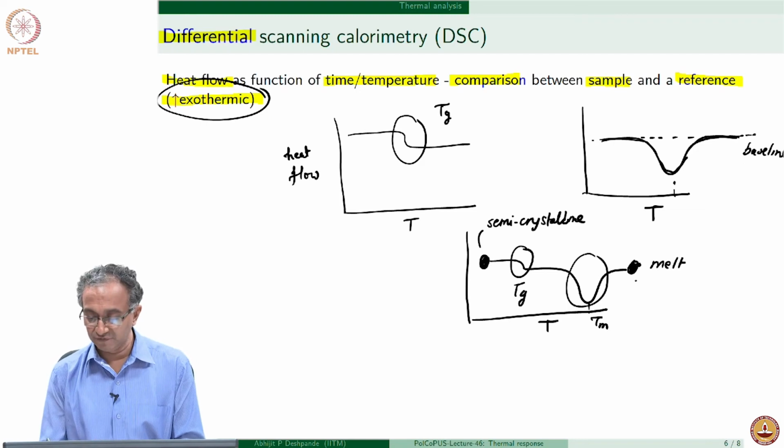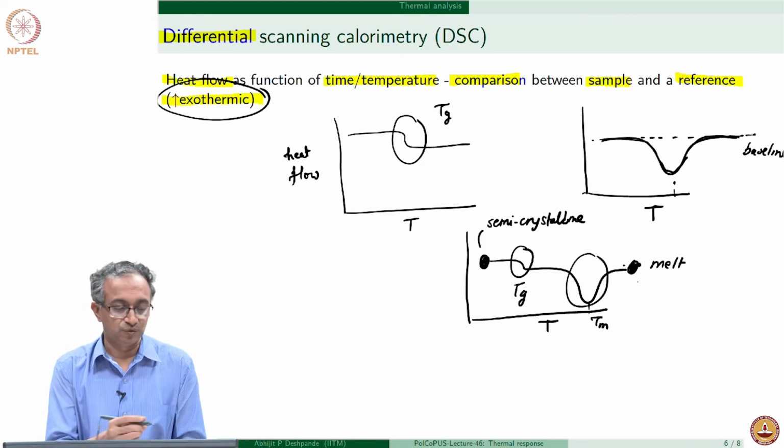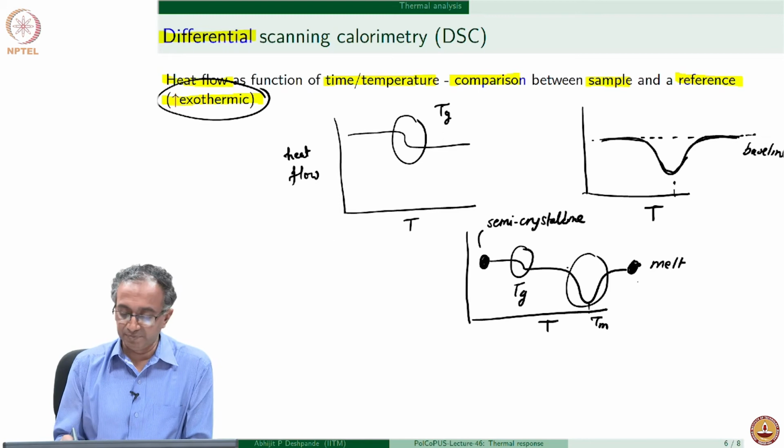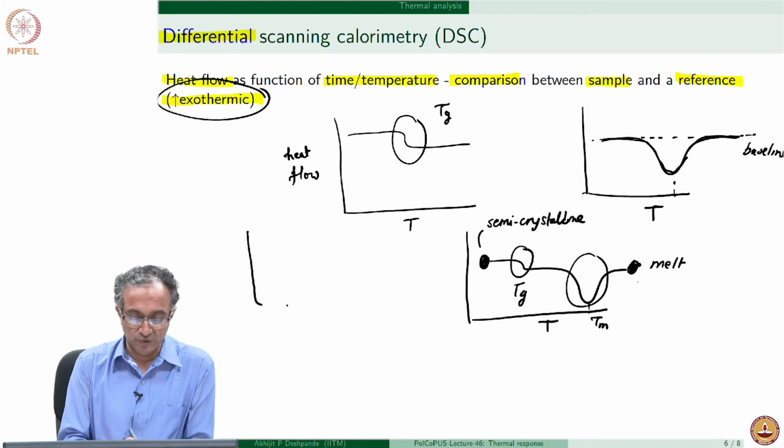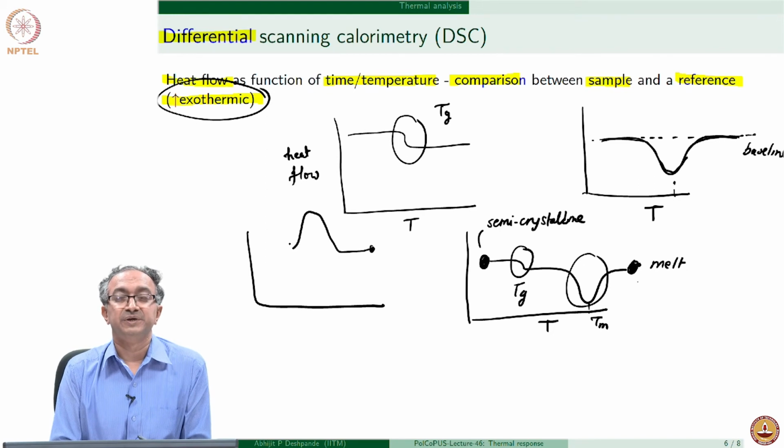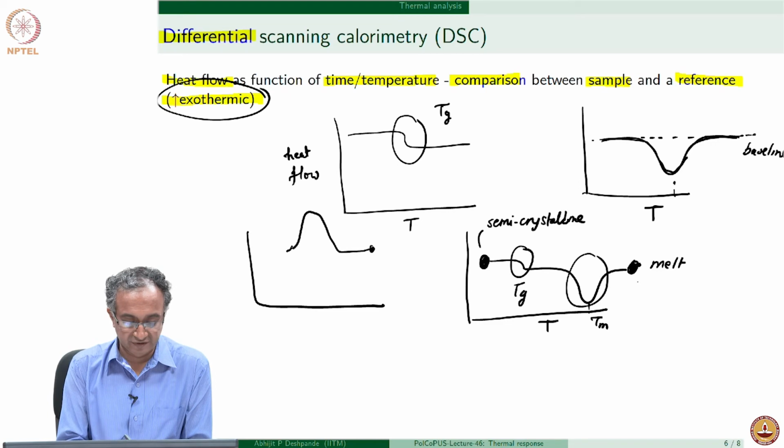One can also start from melt and then cool it down. So, for example, the same sample, if it is cooled down, what we will see is an exothermic peak, because crystallization now happens, and then as we reach closer, we will again have a glass transition.